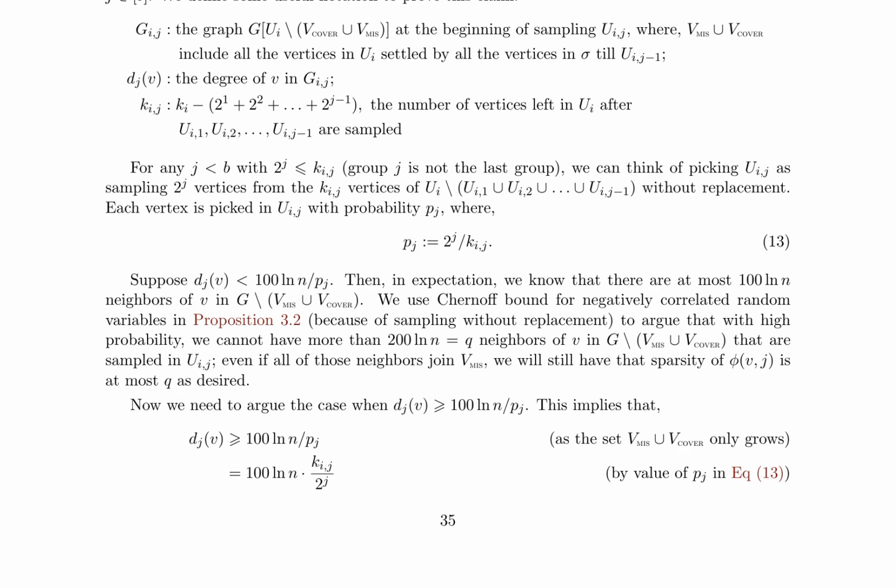The proof involves defining useful notation, such as G_{i,j}, d_{j,v}, and key_j, and using Chernoff bounds to argue that with high probability, the sparsity of φ_v^j is at most q. The case when d_{j,v} ≥ 100 ln n · p_j is also analyzed, and it is shown that d_{j,v} ≥ 25 ln n · p_{j-1} in all cases.